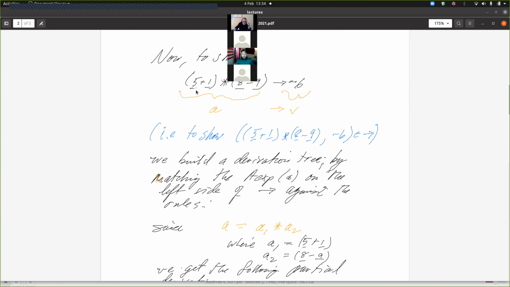Now remember, this arrow means really that this A expression, paired together with the value -6, is an element of the arrow relation. Remember, arrow is a relation between two things.